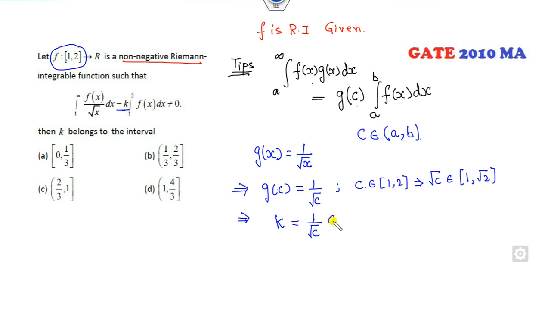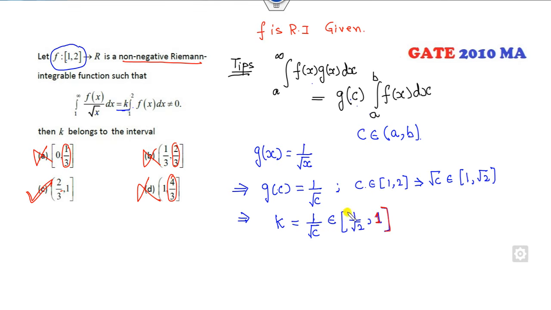Then 1 over root c will belong to 1 over root 2 comma 1. So clearly the upper limit will be the closed interval 1. But you can see it is not 1, it is more than 1. This number is more than 1, this number is less than 1. Only the right option is here.